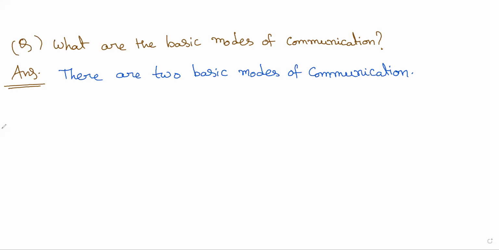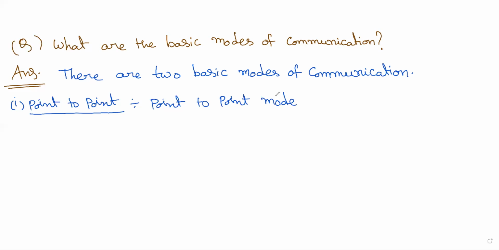The first one is point to point. This is one mode of communication. It's also called point to point mode or point to point communication mode.